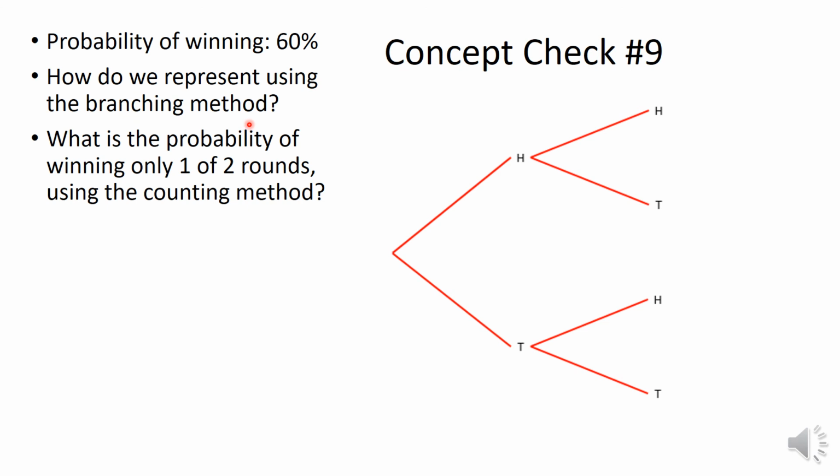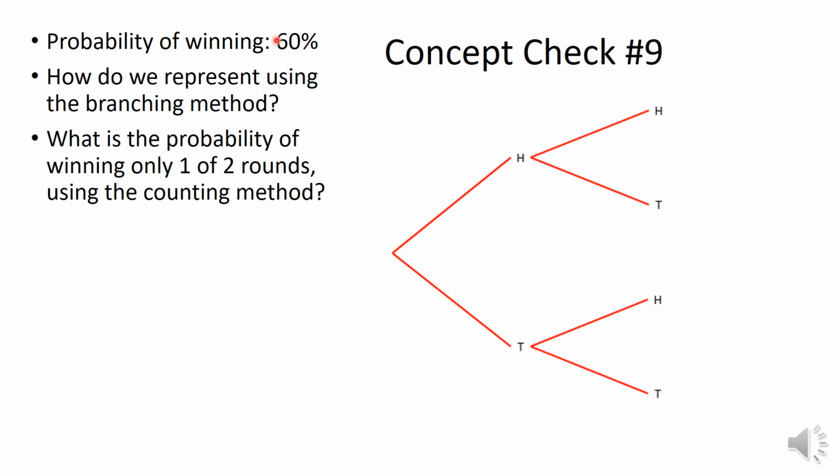I want you to try and think about how we would represent that using the branching method. Just as a clue, remember that 60% is equal to the fraction 3 over 5. If you're ever not sure which fraction to use, you can always put, in this case, 60 over 100.